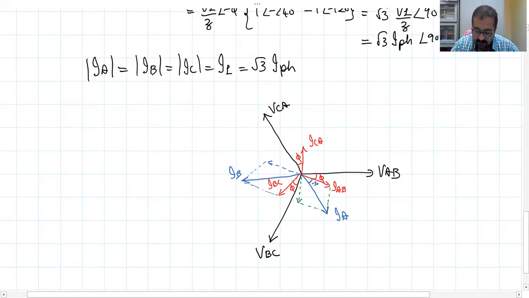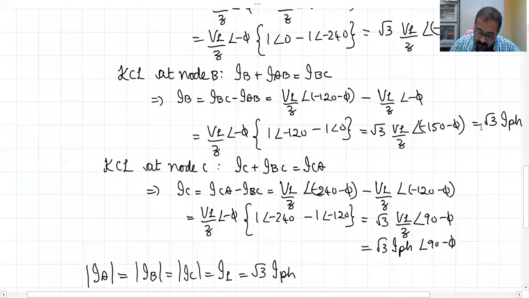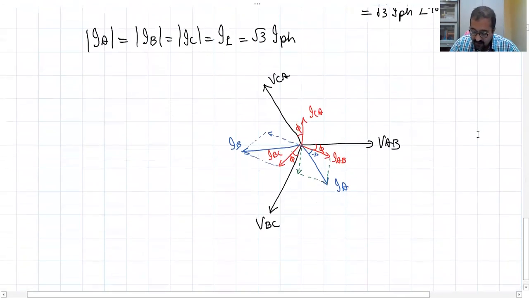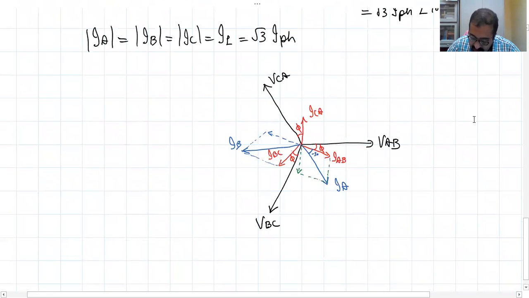Okay, this is 30 degrees, right? Similarly, what is IC? IC is nothing but ICA minus IBC. Where is ICA? ICA is here, minus IBC. So IBC is somewhere here. Okay, this is minus this thing. So this is somewhere here. Phasor sum. This will be IC. Okay, so this is the phasor diagram.